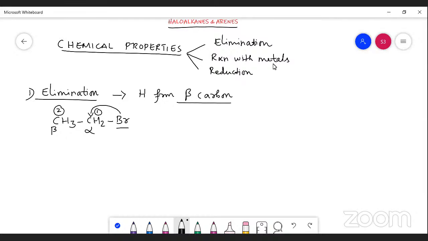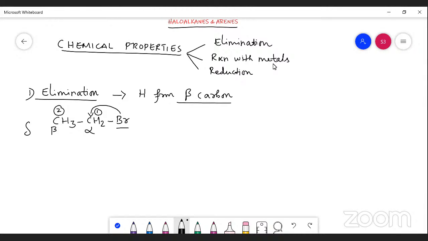Then one more doubt can arise. Suppose I take propyl bromide, with one more methyl group that also contains hydrogen. What name do you give it? That carbon is called delta if it goes on like that.